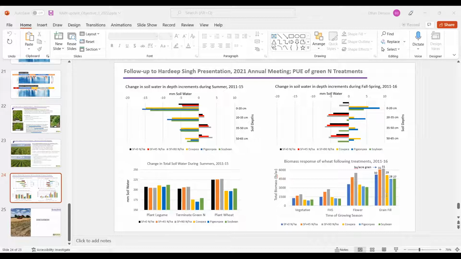So not too bad there, but, and again, that's over 5 years, 2 drought years, 1 normalish year, and 2 wet years. When I say wet, I mean like hurricane type wet year. But anyway, I just thought I would throw that up there so people could look at what Hardeep was talking about. This is kind of the backside of it.